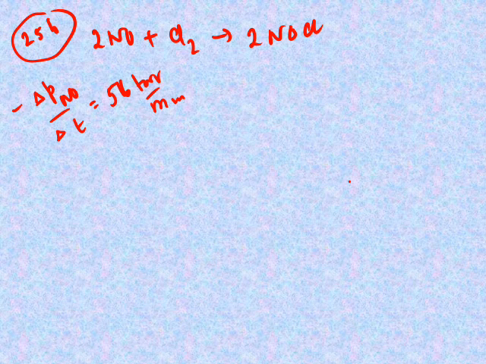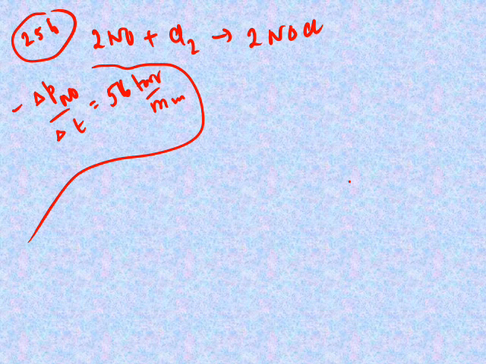Now the question is, what is the rate of change of the total pressure? So you need to show the total pressure change. Now again, let's compare how these changes are happening in terms of rates of NO, Cl2 and NOCl. Again, I can set up a similar expression as we set up before.